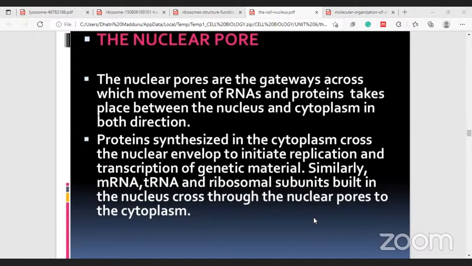Even in the replication process, various enzymes are involved, and they come from the cytoplasm and have to pass through the nuclear envelope. Similarly, mRNA, tRNA, rRNA or subunits synthesized in the nucleus have to go out into the cytoplasm through nuclear pores.